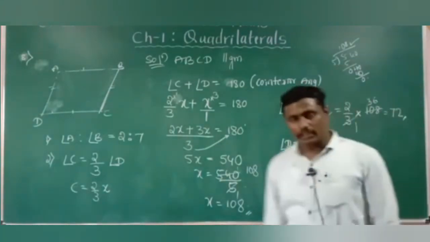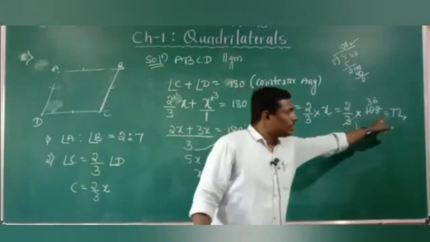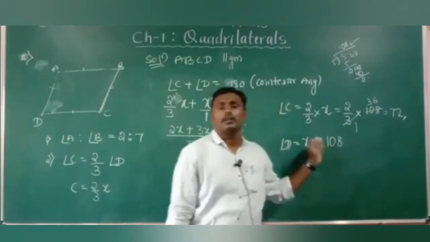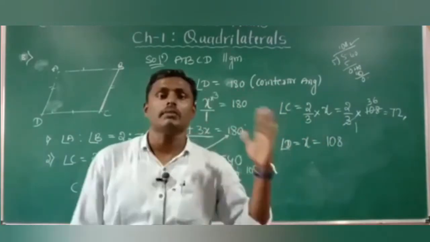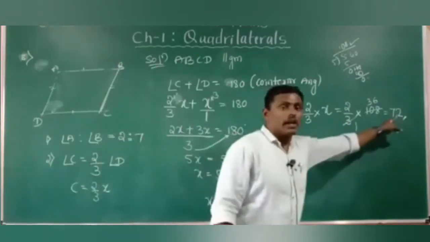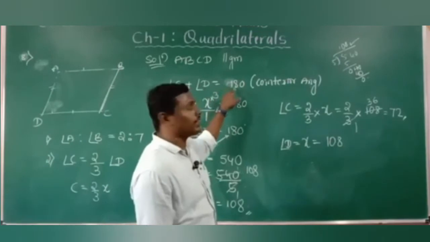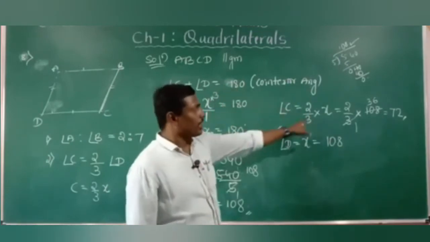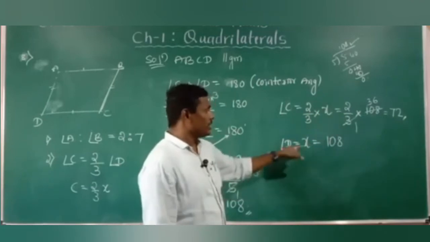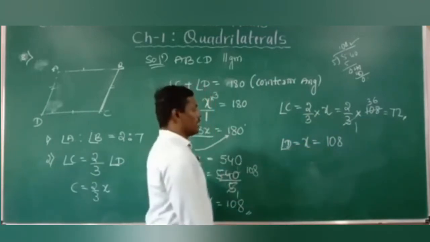Just add the two calculated angles, 72 plus 108. 108 plus 72 is nothing but 180 degree, right? So the sum of these two angles forms a supplementary pair, equal to 180 degree. So angle C is equal to 72 degree and angle D is equal to 108 degree.